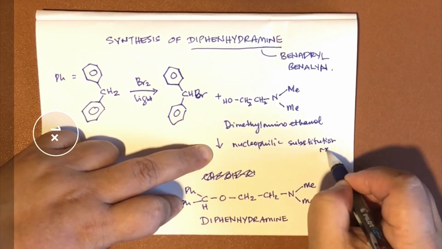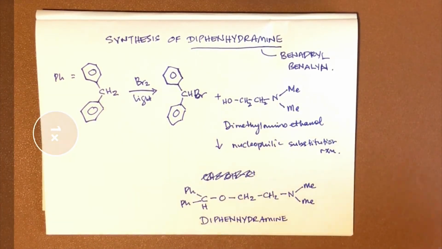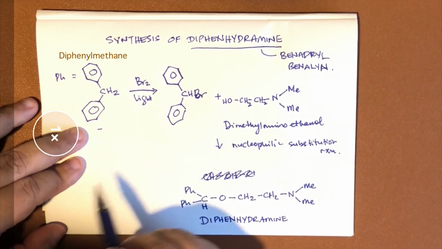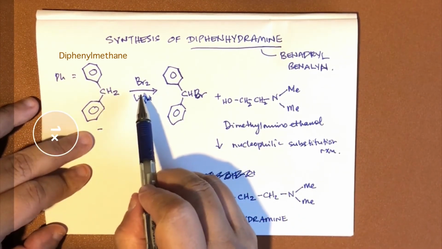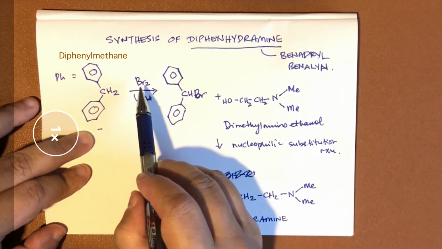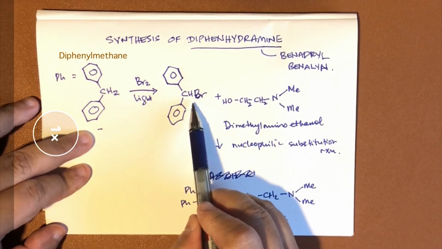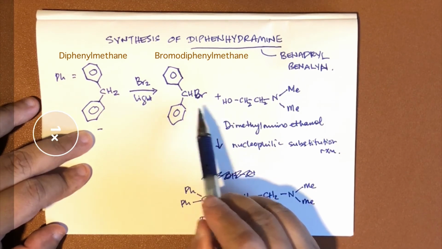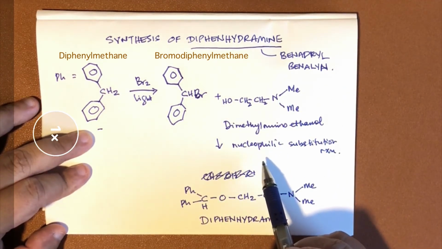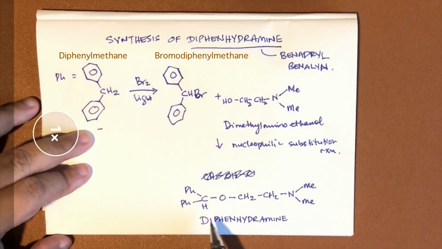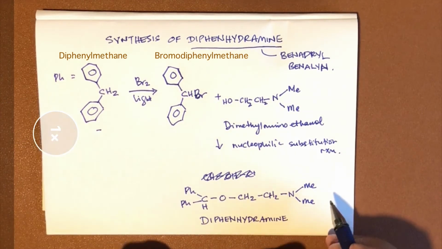Okay, so there are only two steps in general. Starting from this starting material, on treatment with light, these species can be brominated to form the bromo species, and then it can react via a nucleophilic substitution reaction with this dimethylaminoethanol, and then what you get is diphenhydramine and HBr.